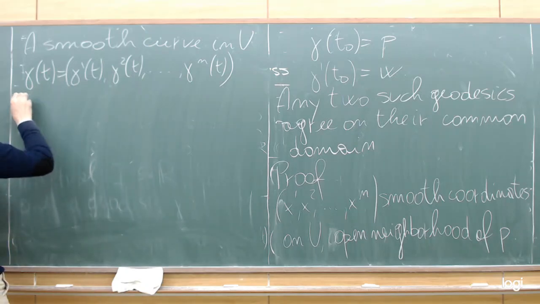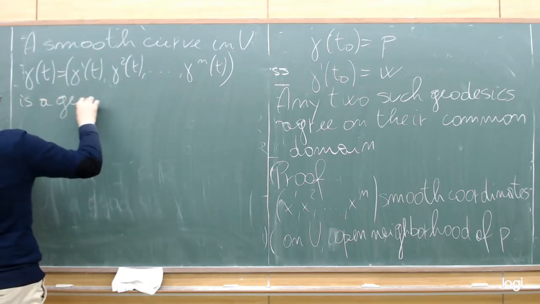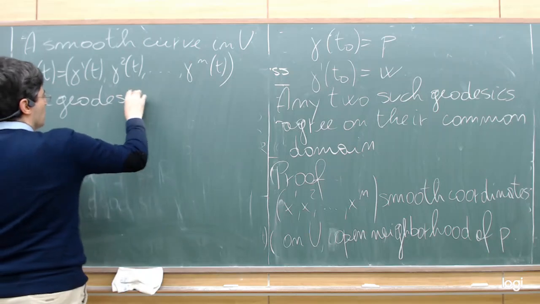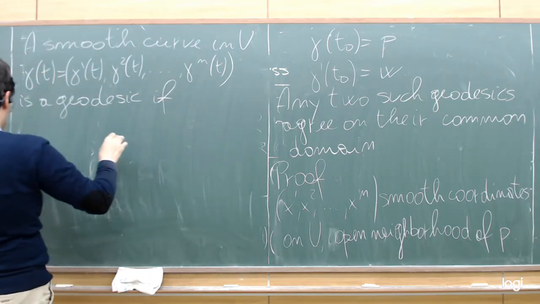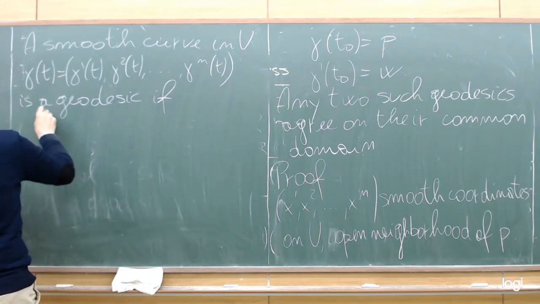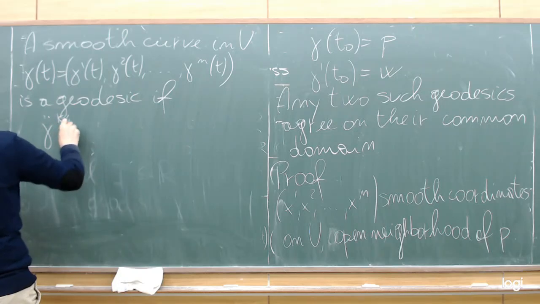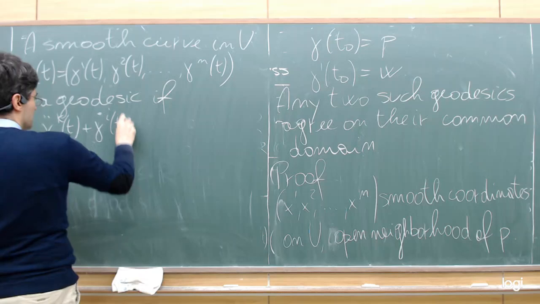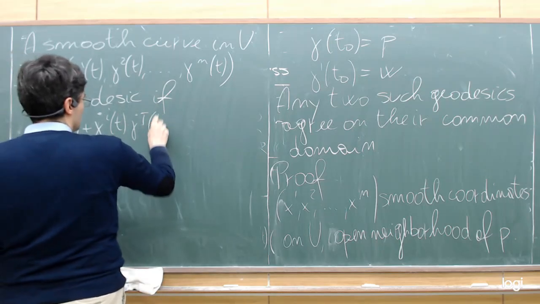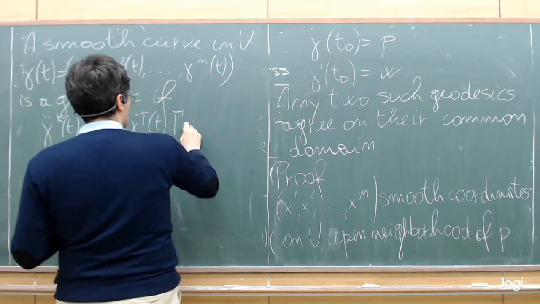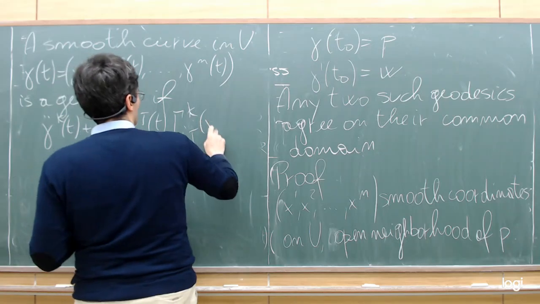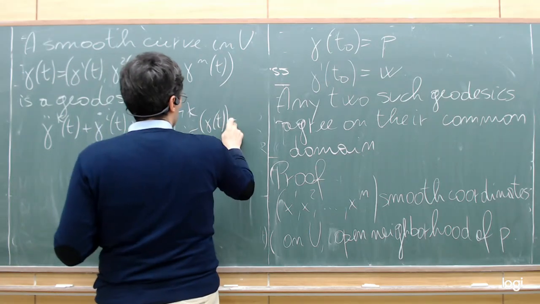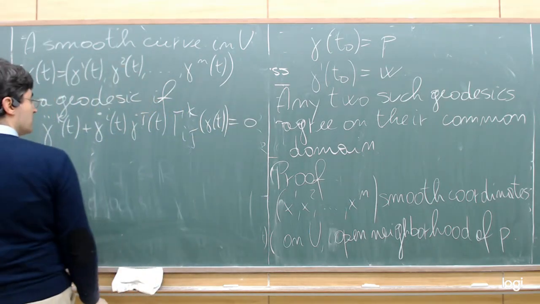So this is a geodesic if gamma dot dot k(t) plus gamma dot i(t) gamma dot j(t) Gamma^k_ij(gamma(t)) is 0.